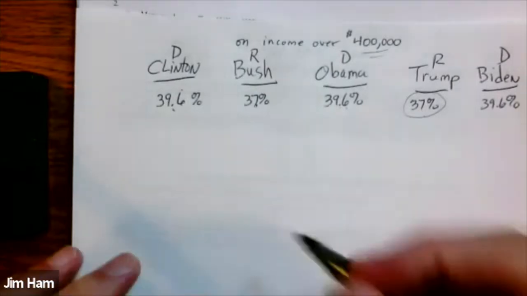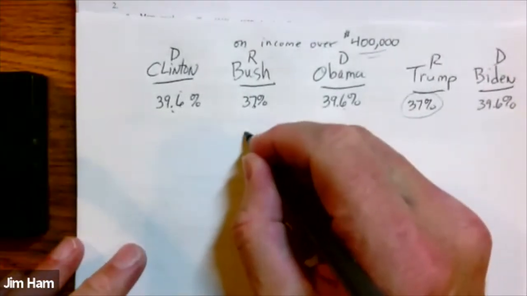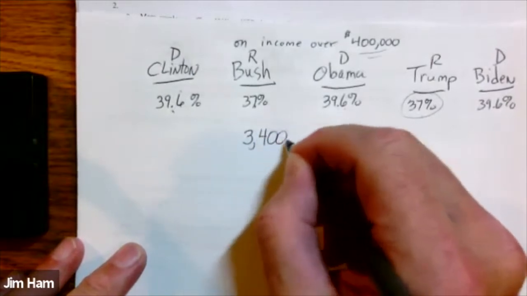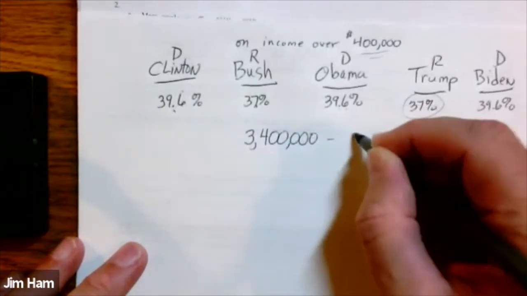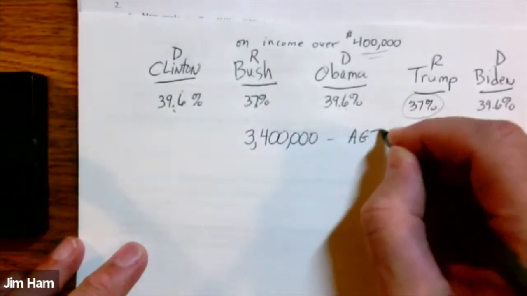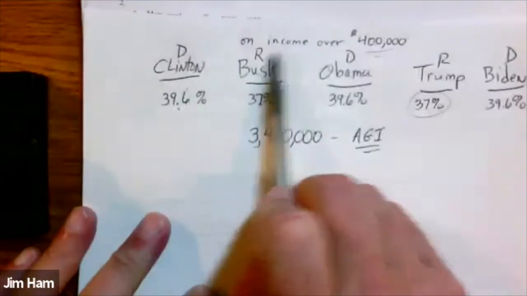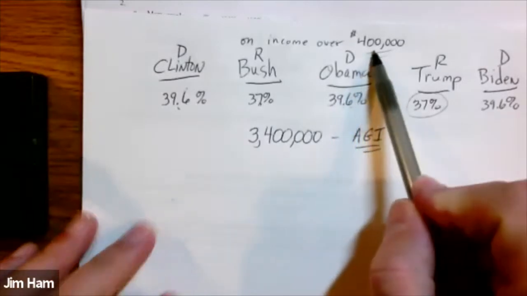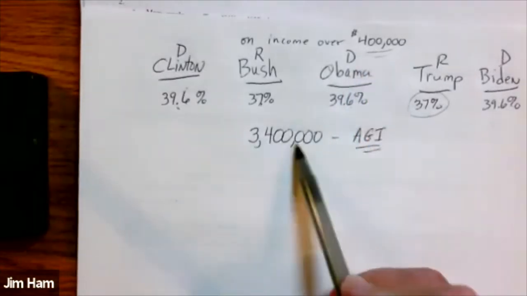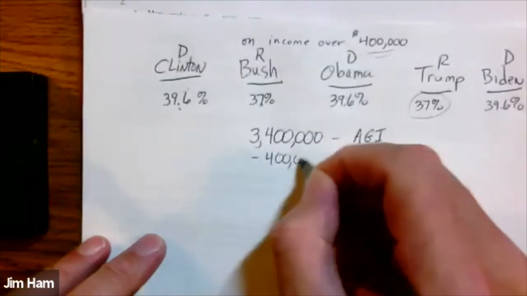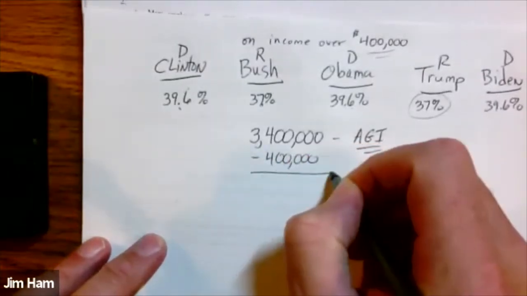And here's what I mean by that. Let's say that someone makes $3,400,000. And let's say that this is their adjusted gross income right there. That's how much they make. Now, on most of that money, on the income over $400,000, the first $400,000 will be taxed at a lower rate.